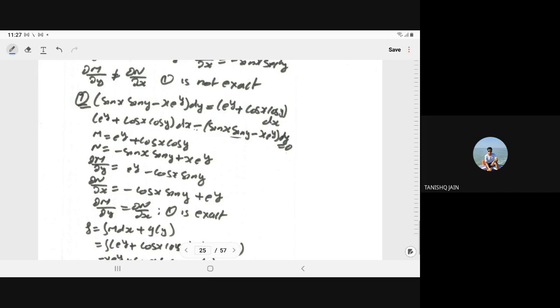(sin x sin y − x e^y) dy = (e^y + cos x cos y) dx. So you write it in the standard form. The standard form is M dx + N dy = 0.